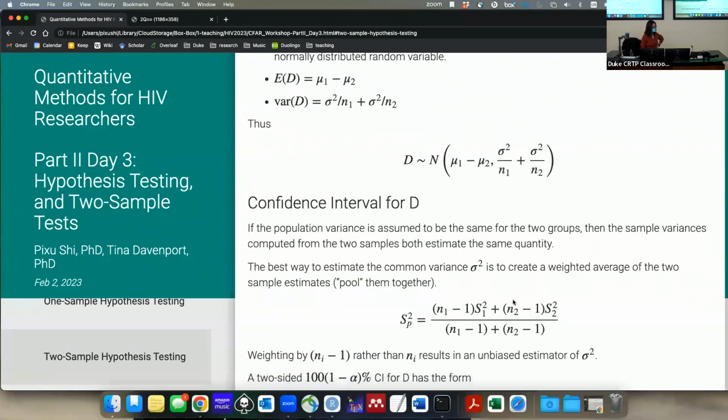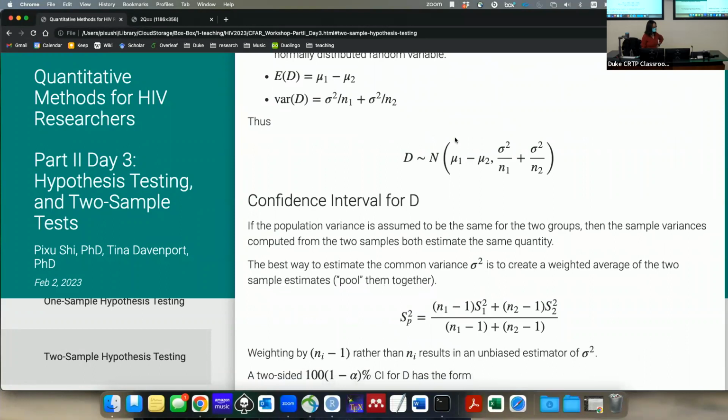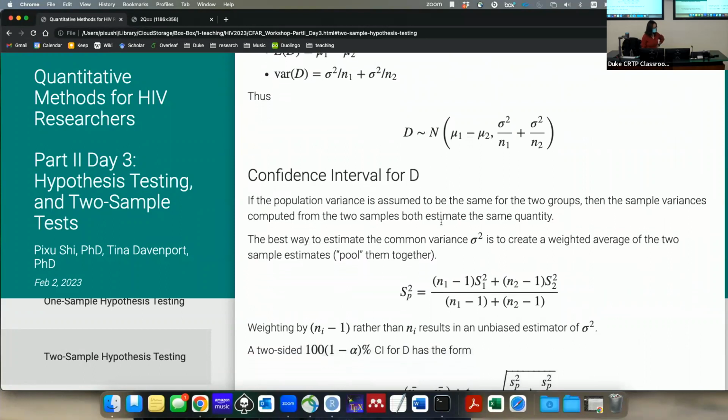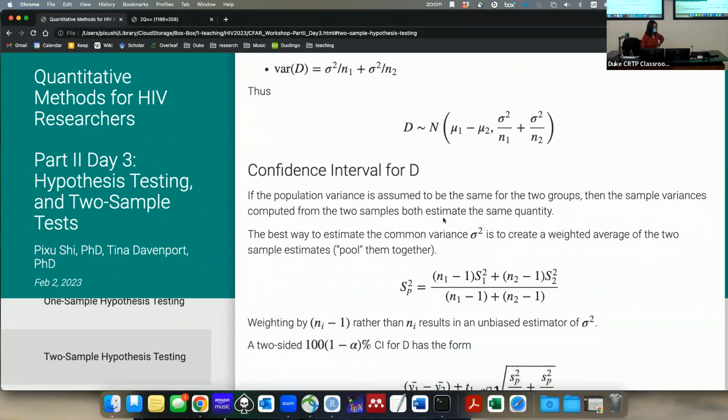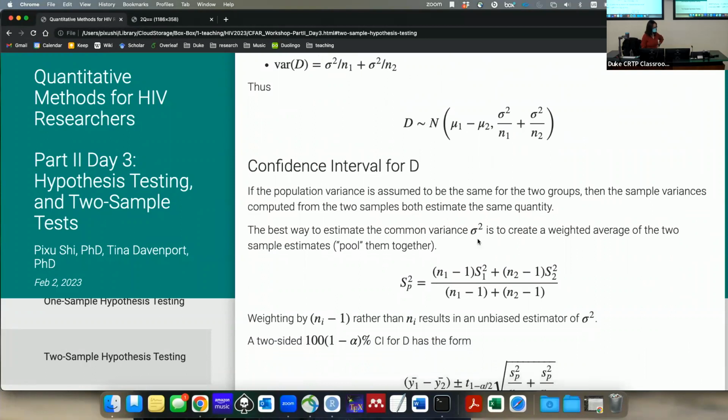And the confidence interval of this difference can be constructed using all of these plugins as well.